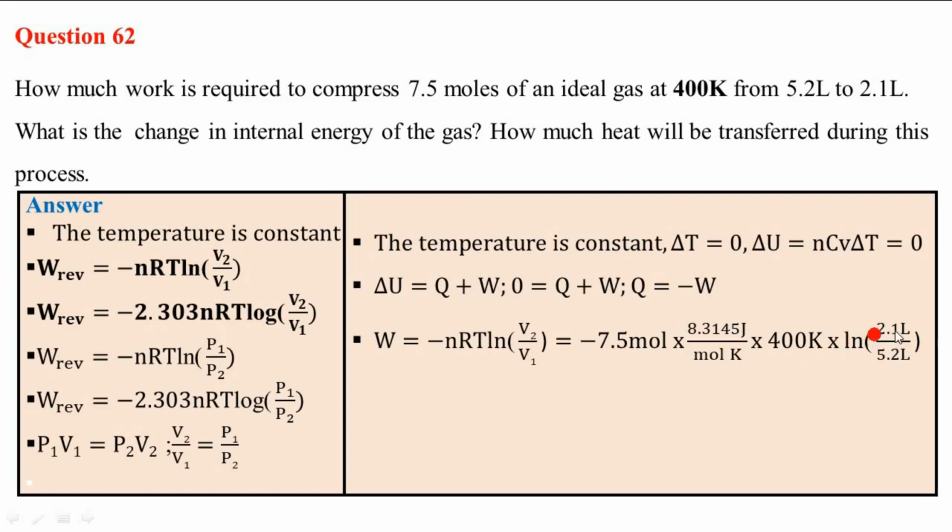Because V2 is equal to 2.1, the gas is compressed from V1, which is 5.2, to the final volume V2, which is 2.1.